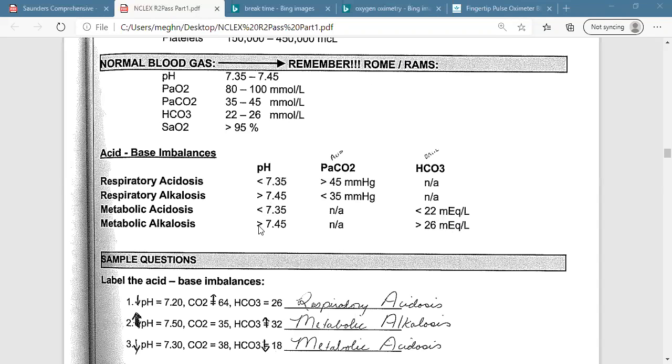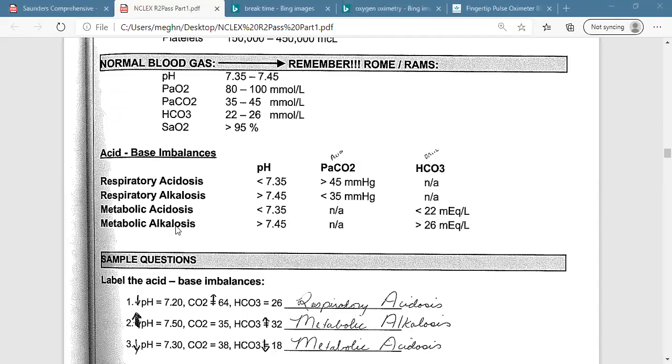If the pH increases, bicarbonate increases. So in metabolic acidosis, all are down: pH down, bicarbonate down. When we talk about metabolic acidosis, bicarbonate matters, carbon dioxide does not matter, it is always normal.